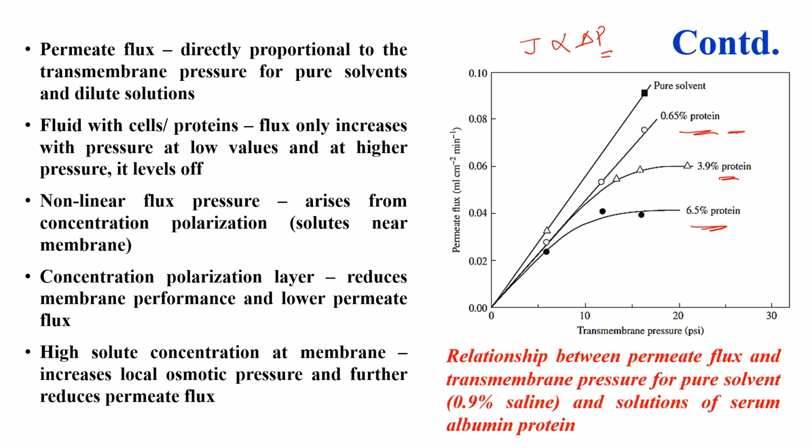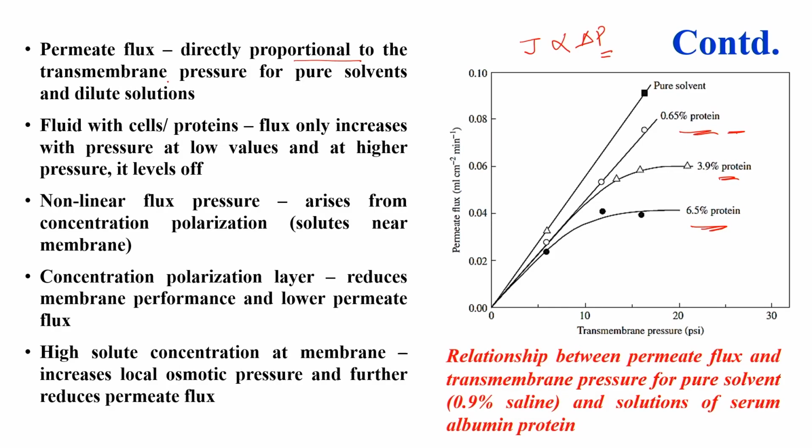Basically, at the membrane there is a deposition of the solute, for example here the protein molecules. So, they get deposited, and once deposited they cause concentration polarization. Ideally, the permeate flux should be directly proportional to the transmembrane pressure for pure solvent.